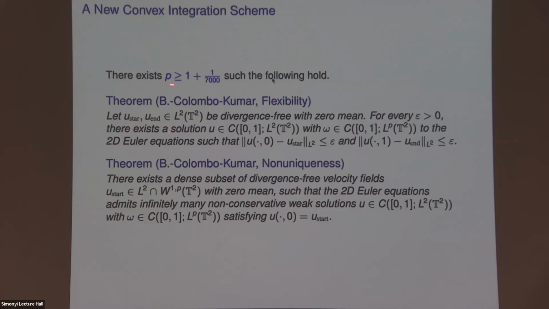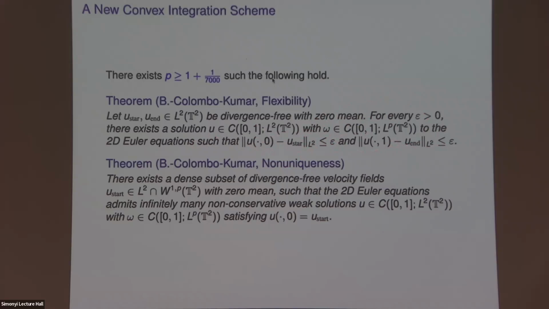So given two reasonable velocity fields, and some parameter epsilon, we can construct a solution to the two-dimensional Euler equation with vorticity in L^p, which at time 0 is epsilon close to the starting velocity field, and at time 1 is epsilon close to the ending velocity field.